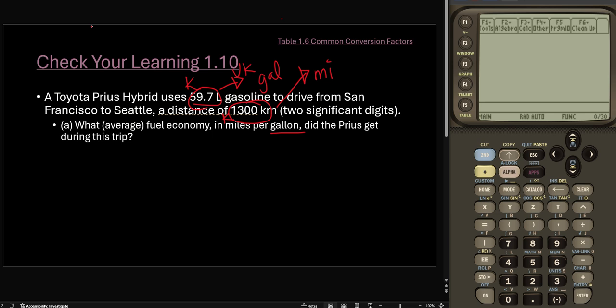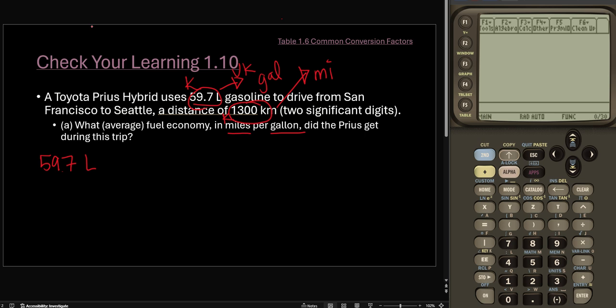So we need to take each of those and then divide the miles by gallon, and that will give us the average fuel economy.